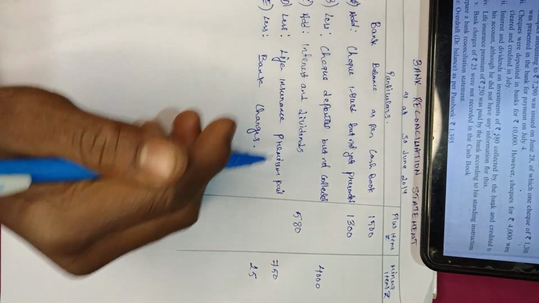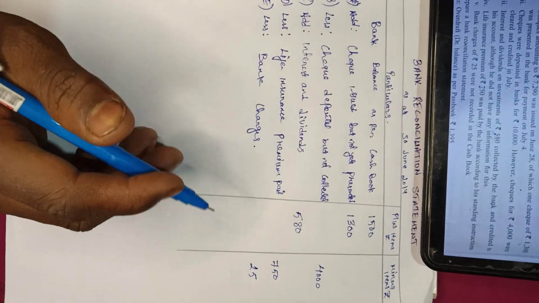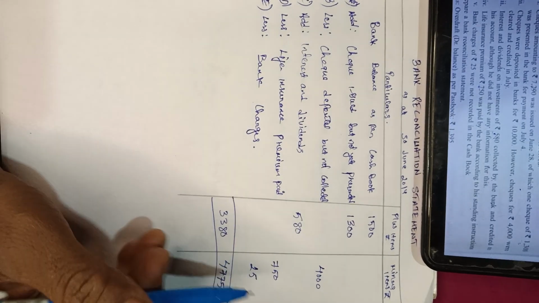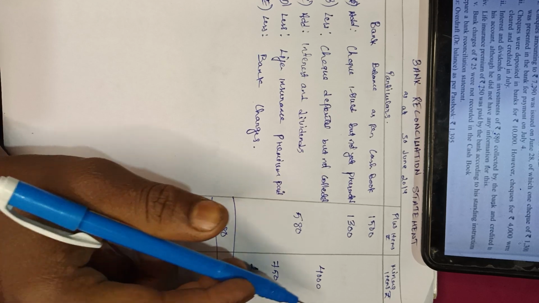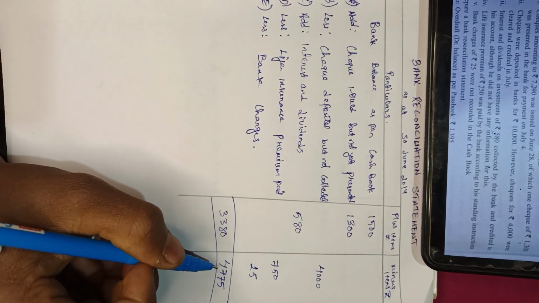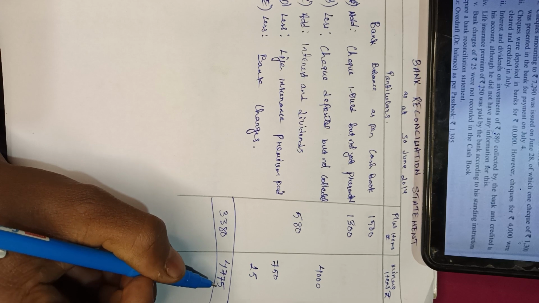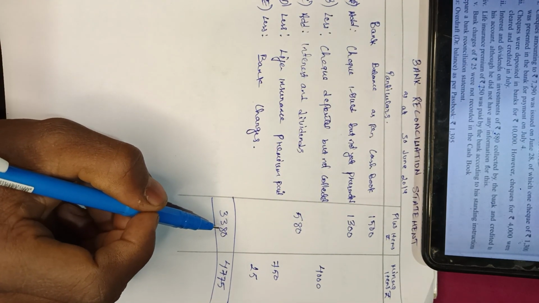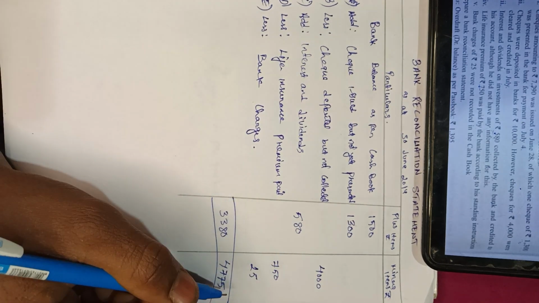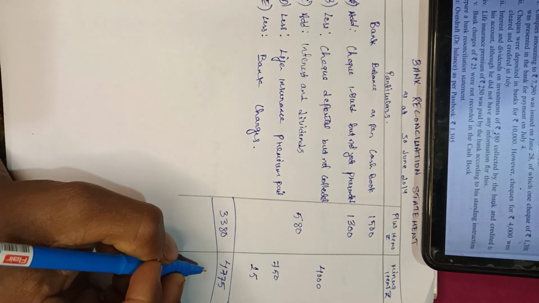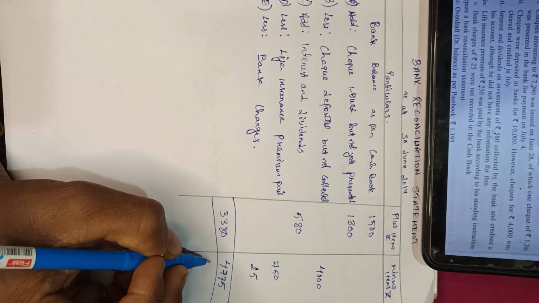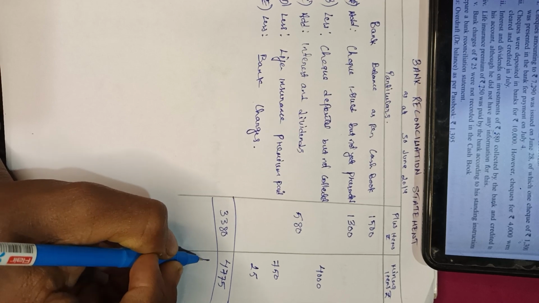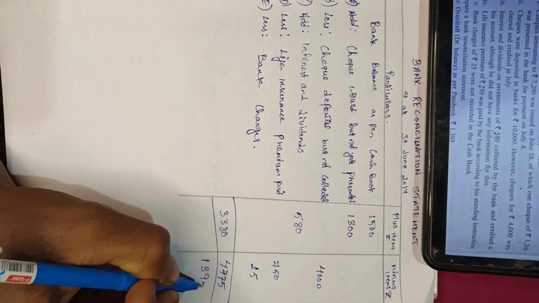Since our entries are over, we will total the amounts and see which side is bigger and which is smaller. After calculation, in the minus column we got 4,775, and in the plus column we got 3,380. Since the plus side is smaller and the minus side is bigger, the balance should be written in the minus column. After subtracting these two, we got 1,395.